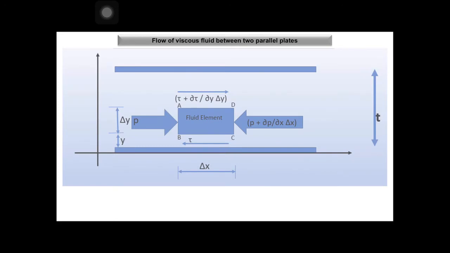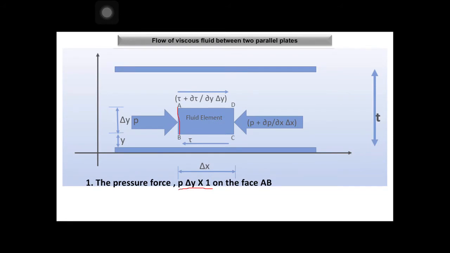So when we are considering one fluid element, there are a number of forces acting on the fluid element simultaneously. If the pressure P is acting on face AB, then the pressure force acting on the face will be pressure into the area of AB, that is P into delta y into 1.